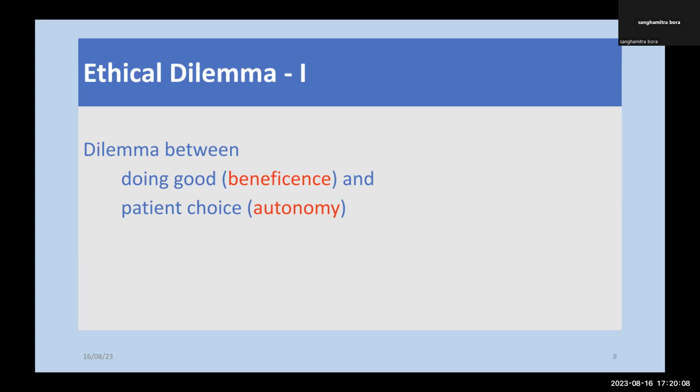We want to give this patient the benefit of putting a Ryle's tube and henceforth continuing with his treatment, which is actually going to give him a good life, cure him perhaps of the disease. But then it is the question of the patient's choice also, patient's autonomy. So now we are in an ethical dilemma. We are in a situation where we cannot overlook the patient's choice.